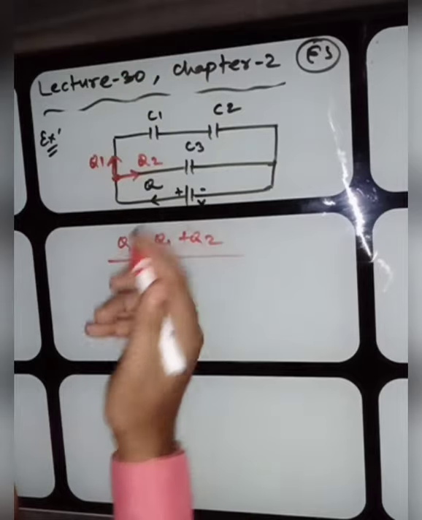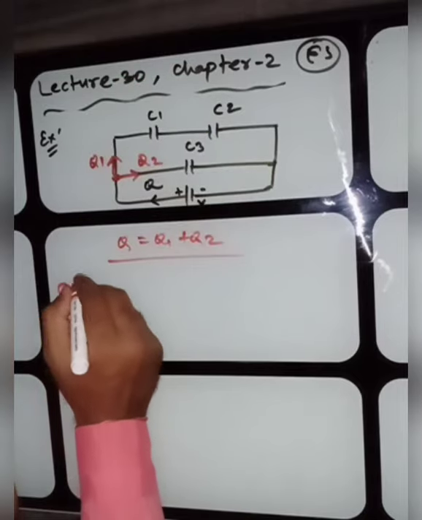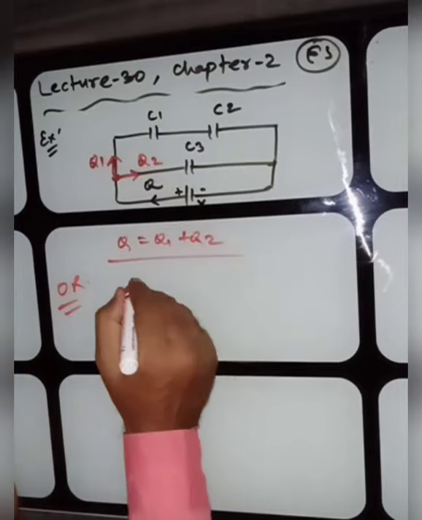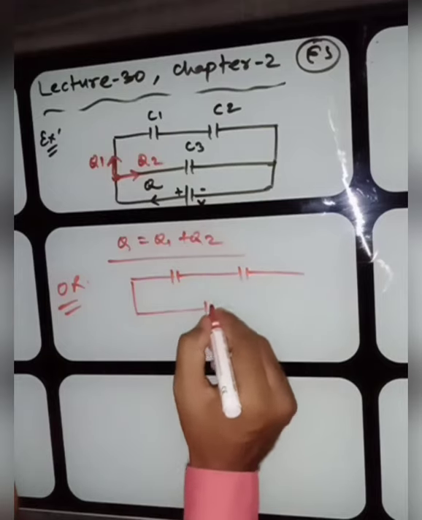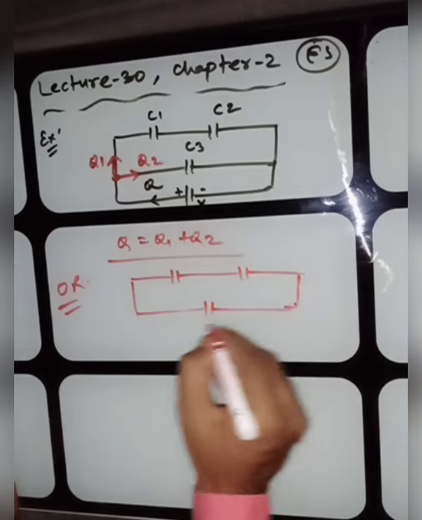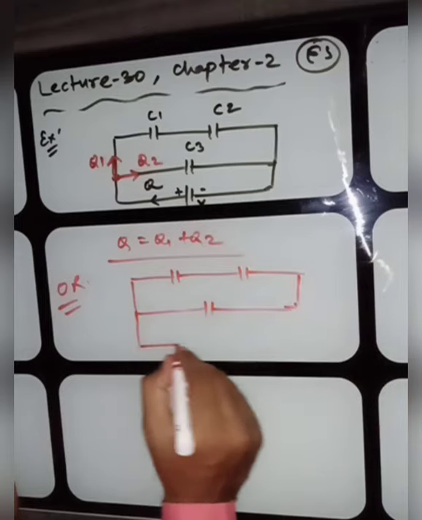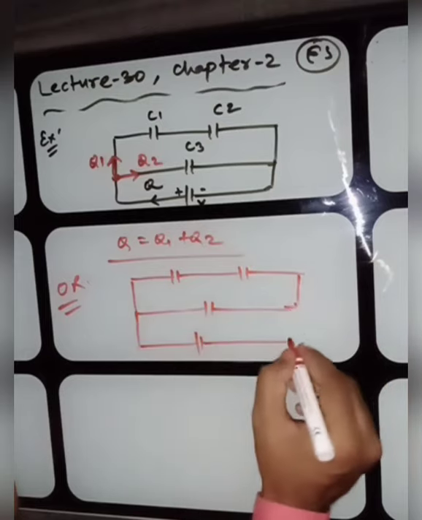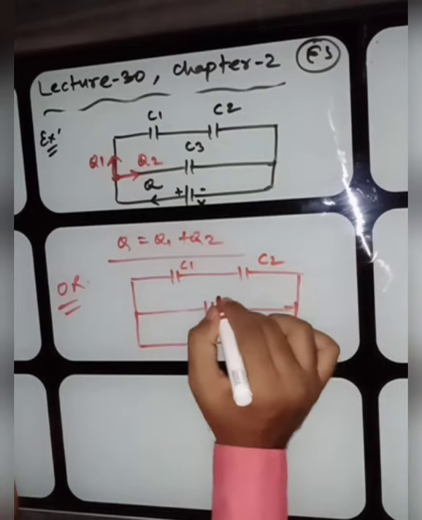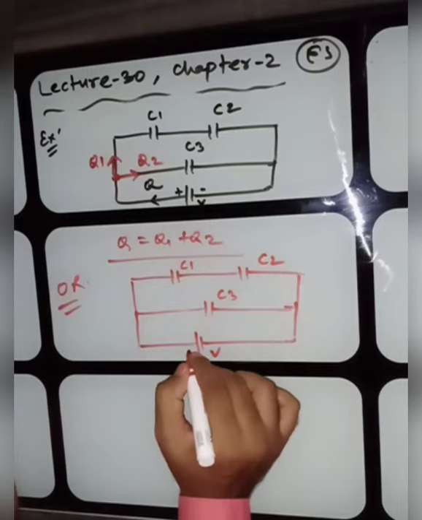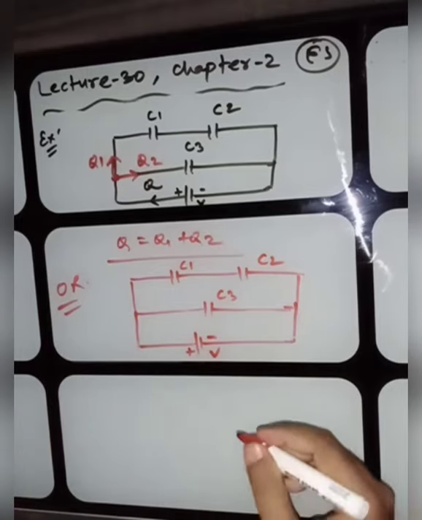In the same way as we have studied another method to distribute the charge, those students who are not getting it, kindly see carefully. Again I am distributing the charge. Suppose C1, C2, C3, battery, positive and negative terminal.